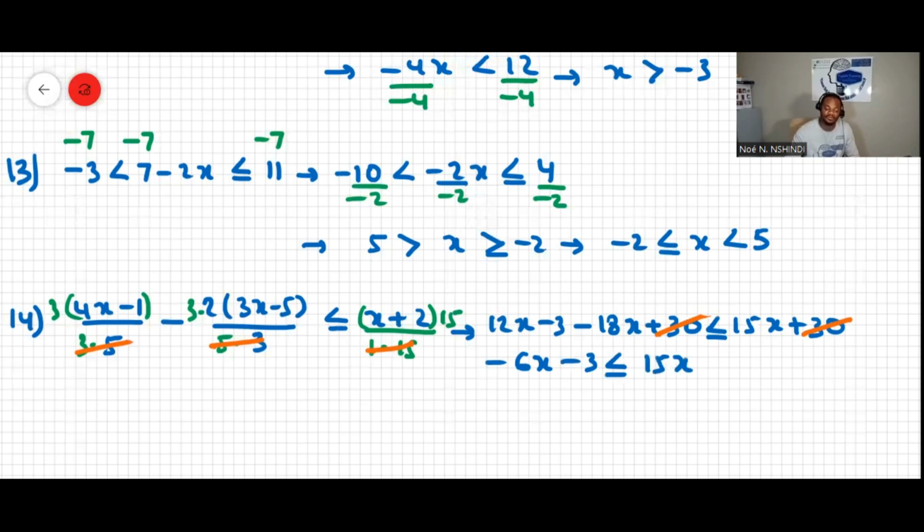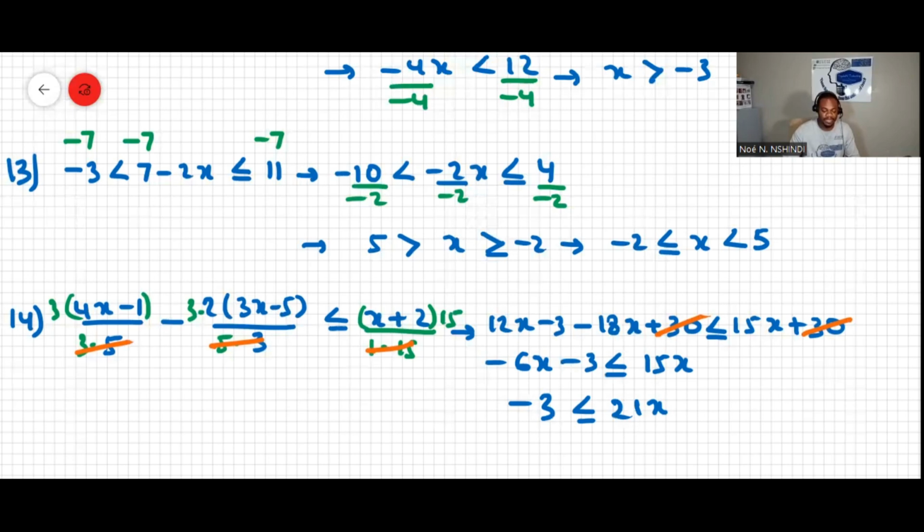Now if I move the negative 6x over, that will make negative 3 less than or equal to 21x, because we move negative 6x over and it becomes positive 6x, and 6x plus 15x makes 21x.